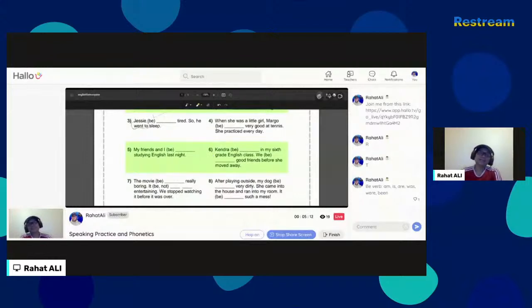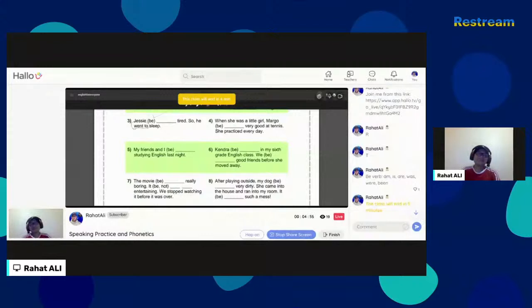So JC be tired, so he went to sleep. Sometimes I also become tired, guys. Okay. So JC, if you remember, JC is a third person singular number, and according to the grammar rule, we must use is in present tense after third person singular number, and in the past tense was. Okay, so JC was tired, so he went to sleep.